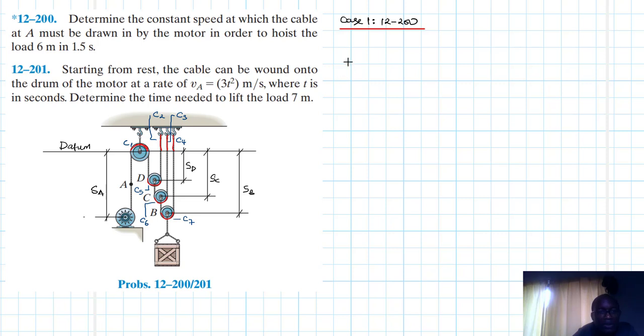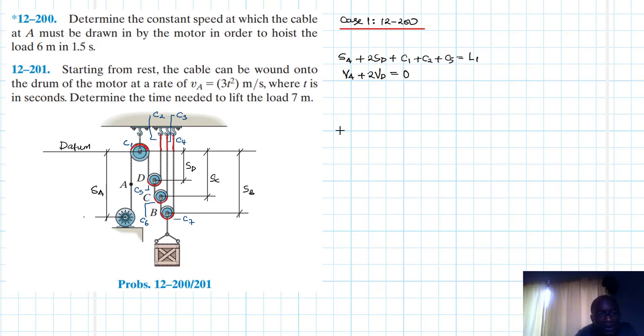The first one is SA plus 2SD, plus the constants C1 plus C2 plus C5, equal to L1. If we take the first derivative of position to get velocity, we have VA plus 2VD, and the constants are just zeros.